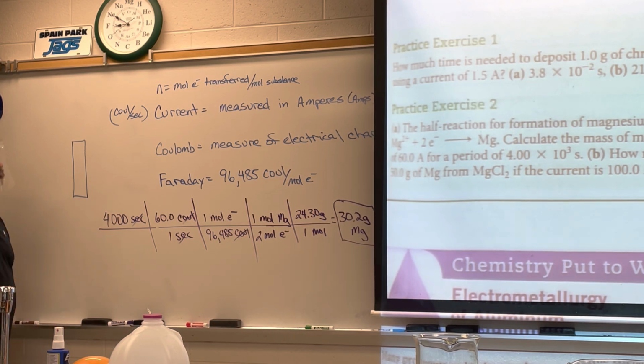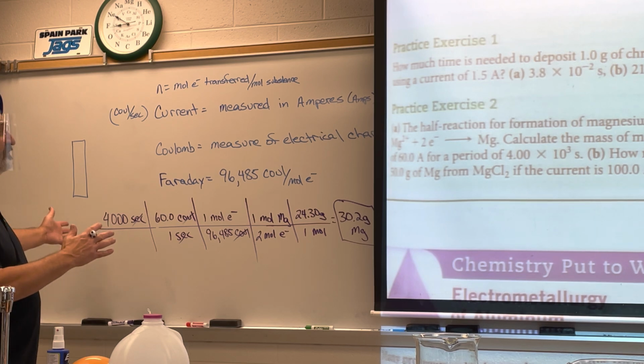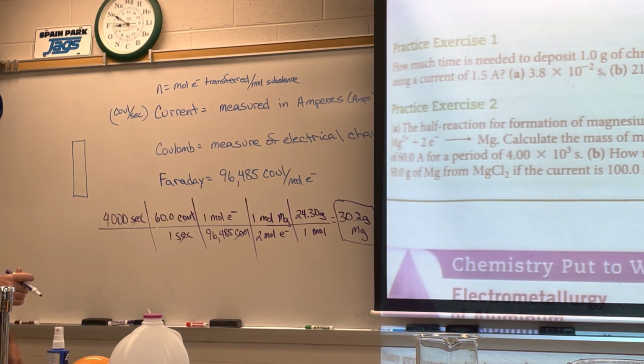Okay? So B, how many seconds? So now we're going to go in the opposite direction. 50 grams of magnesium if the current is 100.